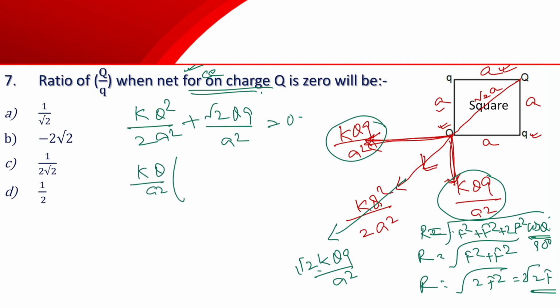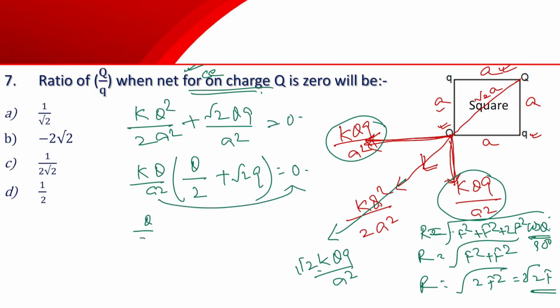If we take kq and a square common, then it will be q by 2 plus root 2q equals to 0.